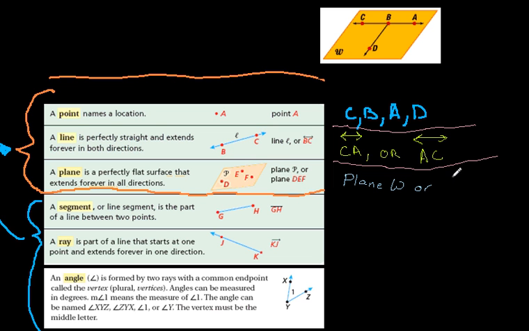So let's label this. Then we'll name it plane CBD. Cool. So we've just named this plane in 2 different ways.